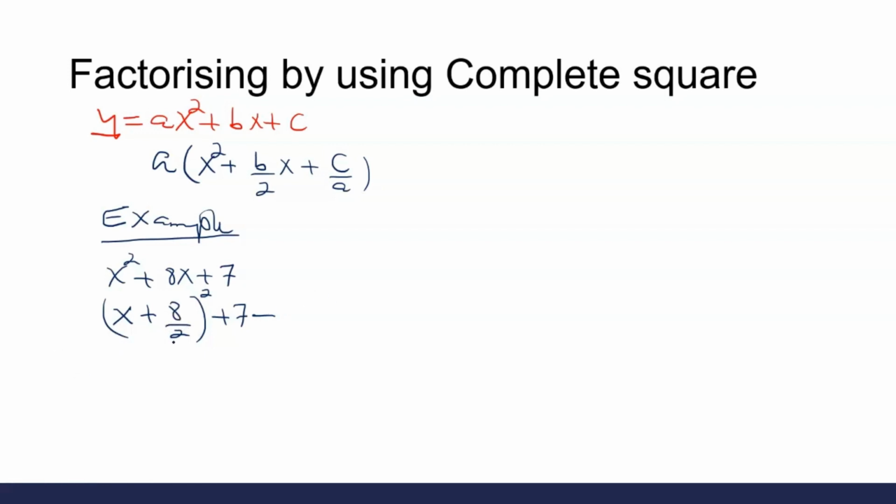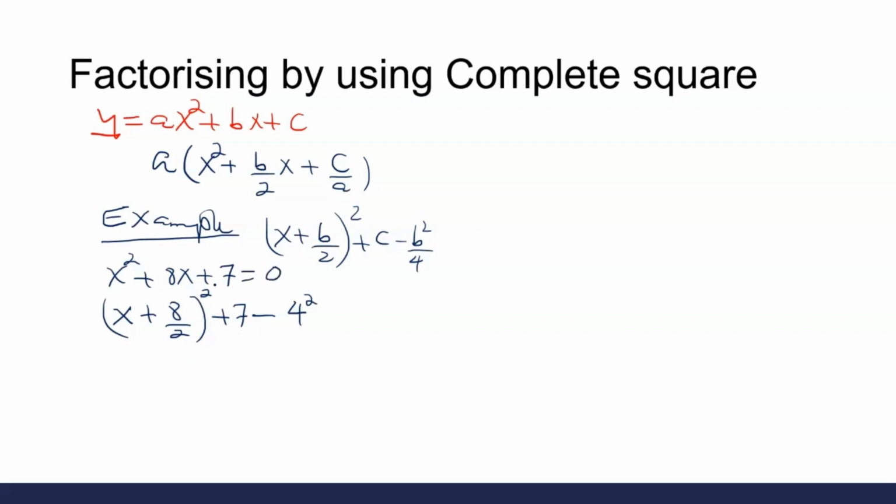So that's basically 4 squared. So that is the same as saying x plus b over 2 squared plus c minus b over 2 squared, which is 4.